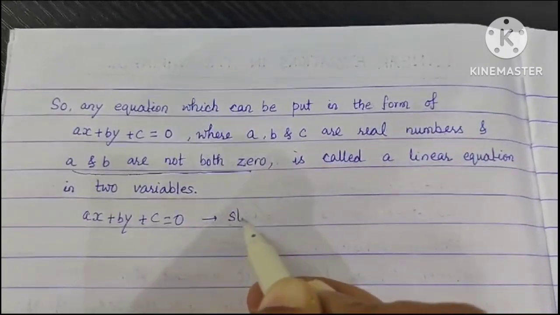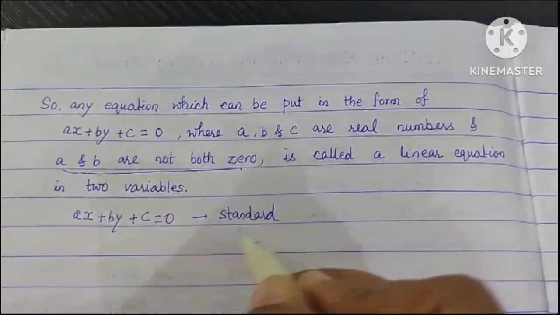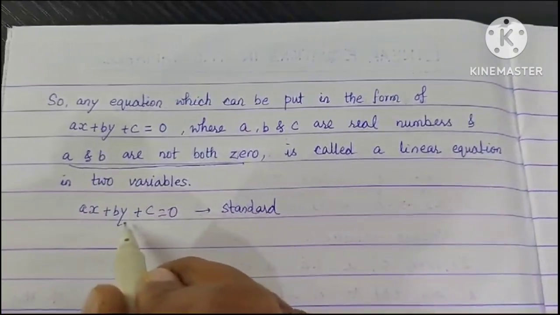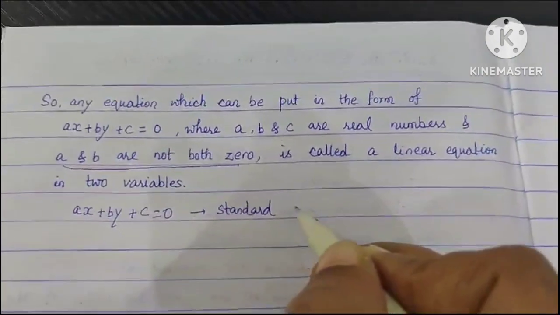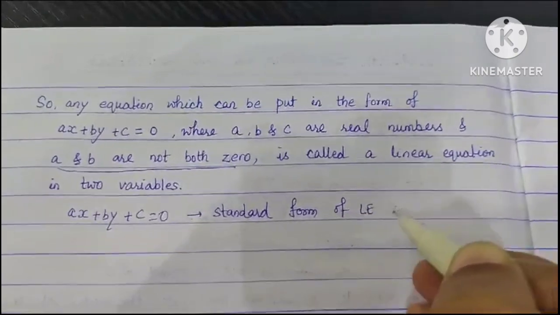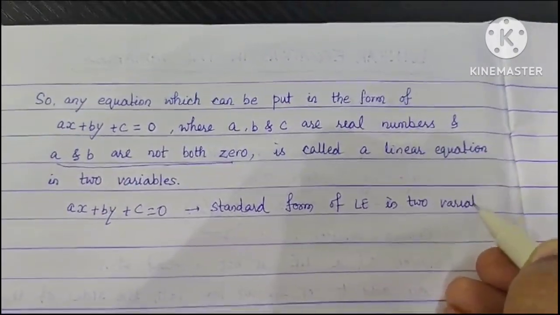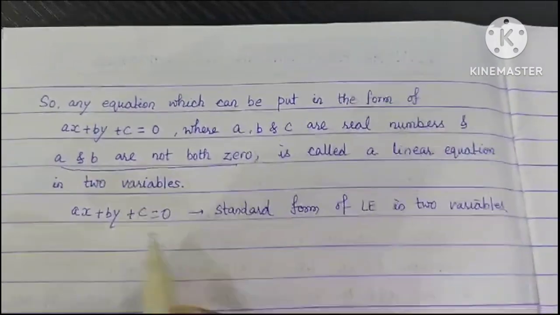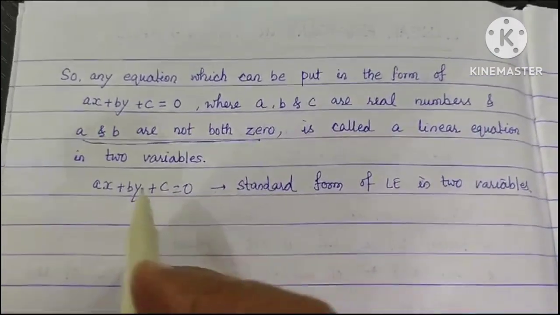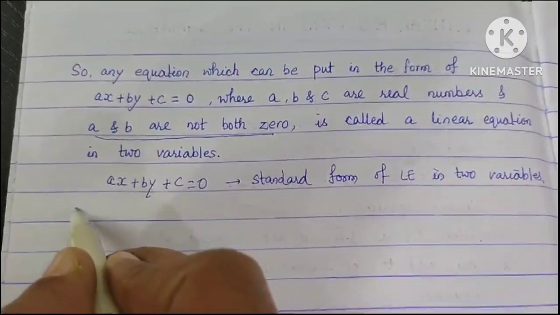This is the standard form, and we will understand it like this: any linear equation in two variables, we will first reduce it to this form. And both a and b should not be zero, otherwise it will not be an equation. So now let us understand this through one question.